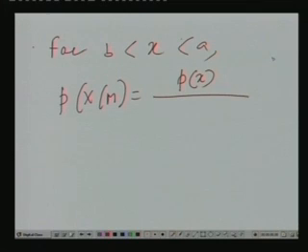If you derive, you get p x only, and the denominator you get F a minus F b.